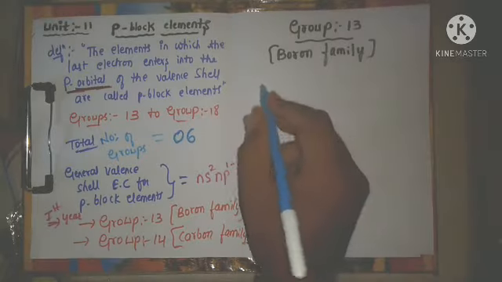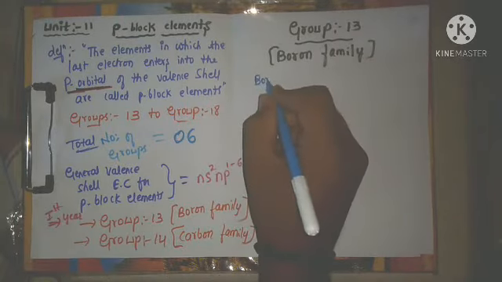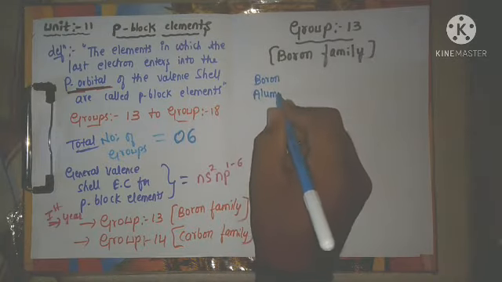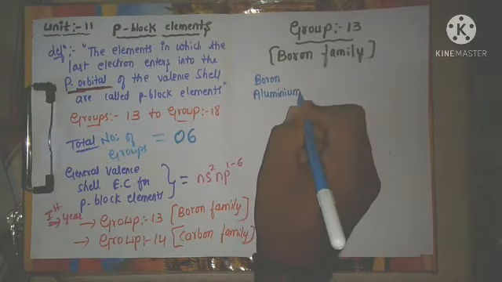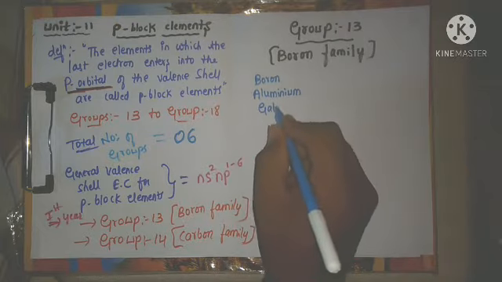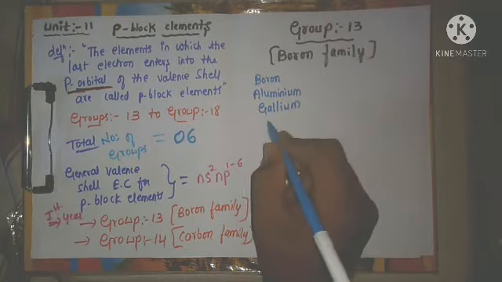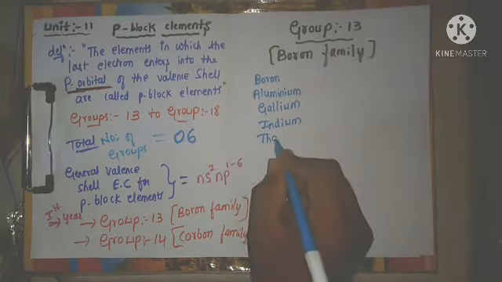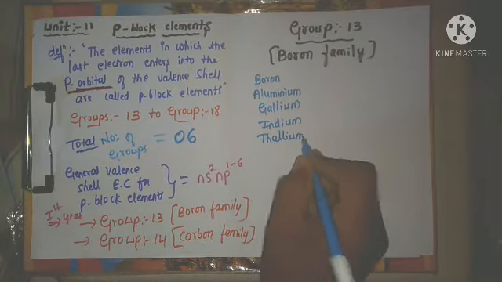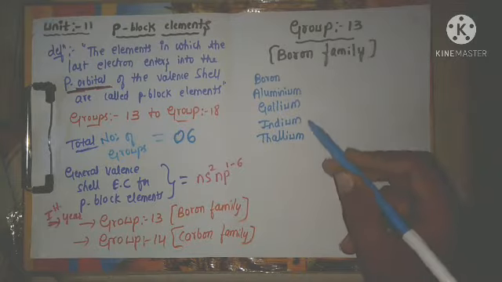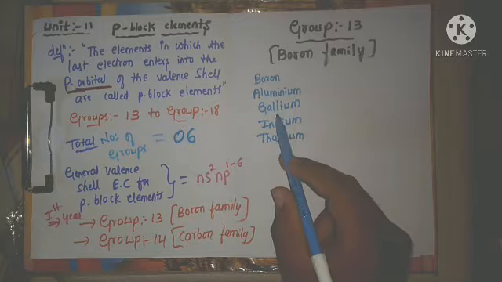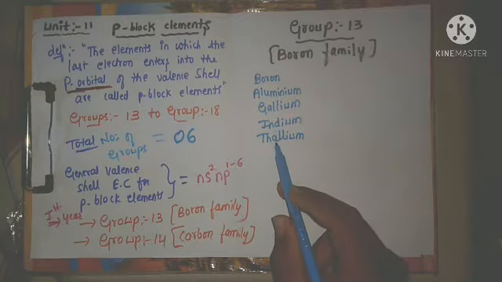The first member of the 13th group is boron, next aluminium, gallium, indium, and the last one is thallium. These are the 5 elements which belong to the 13th group.